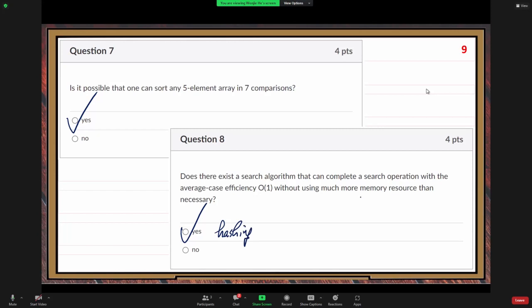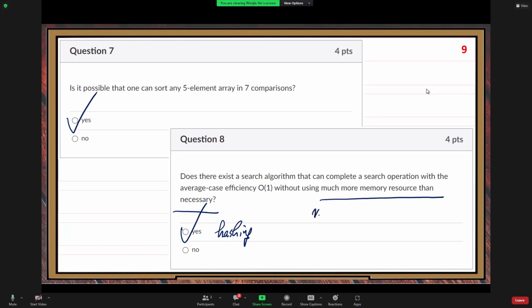Here we're talking about index search, hashing. Hashing will use some extra memory resource because we make our hash table not just enough, so we may leave some room. Okay. All right.